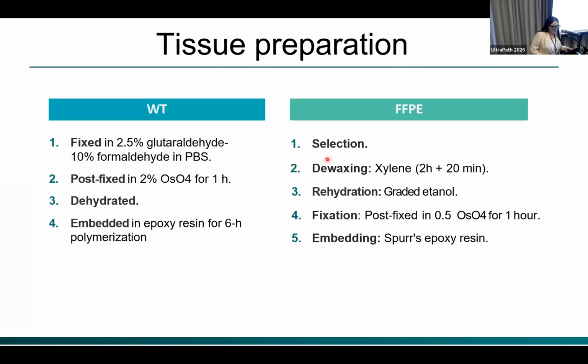And for the FFPE, we start with the selection of the H&E slides, the deparaffinization, the rehydration with graded ethanol, the fixation with osmium tetroxide, and finally the embedding in epoxy resin.